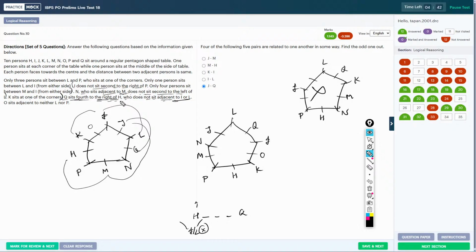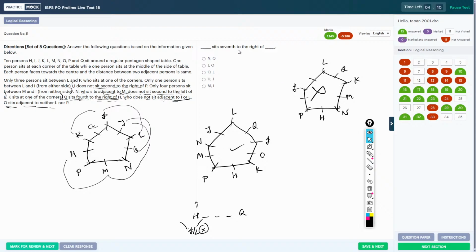Q sits fourth to the right of H: 1, 2, 3. H does not sit adjacent to I or L. O sits adjacent to neither L nor P. So JM, MH, KI, IL, JQ. I'll go with this one. Don't know what's wrong with the other.